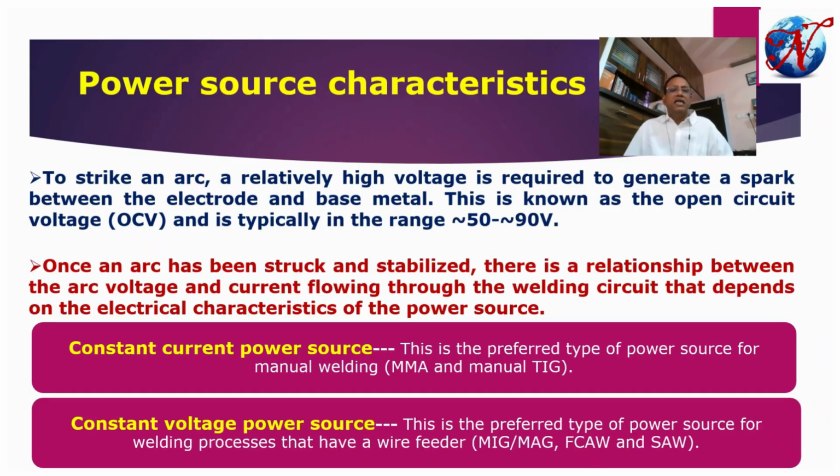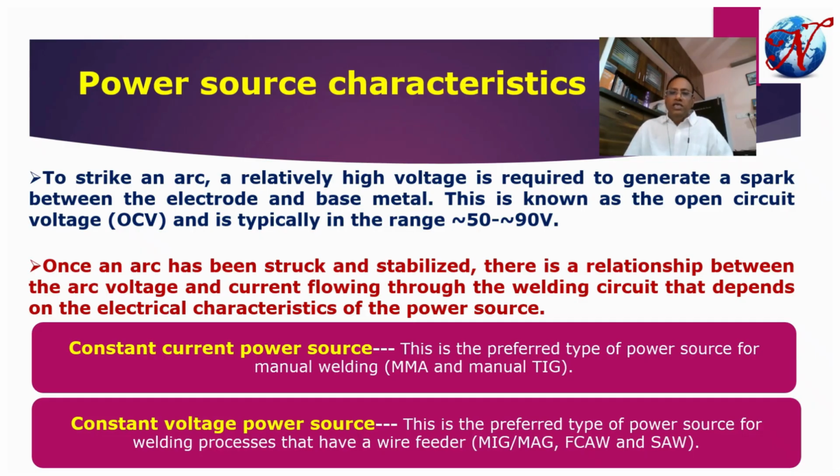In the welding process, there are two types of power source. Generally, we use a constant current power source and a constant voltage power source. The constant current power source is the preferred type for manual welding like MMA and manual TIG. So for manual processes like SMAW and GTAW, that is TIG welding, we prefer the constant current type power source.